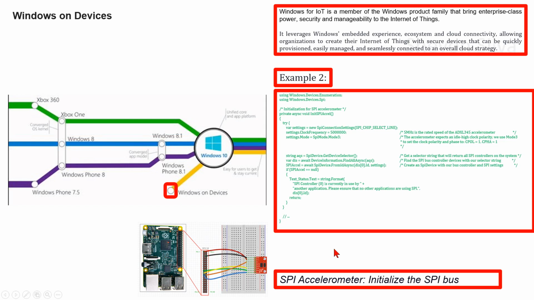Here this code segment is to initialize the SPI bus in the SPI accelerometer.